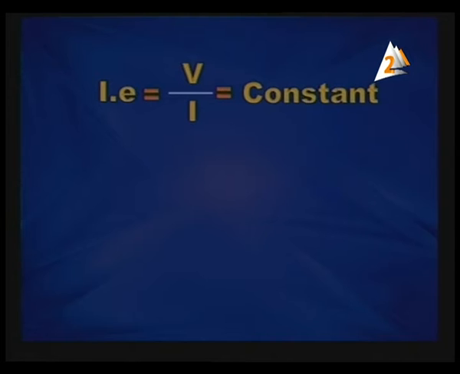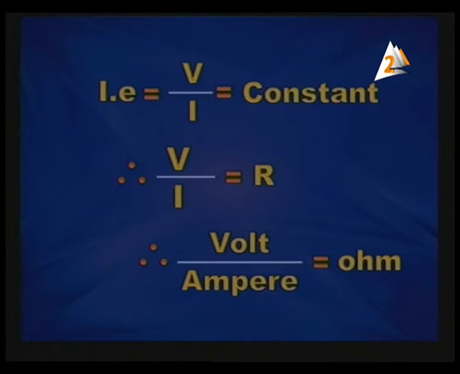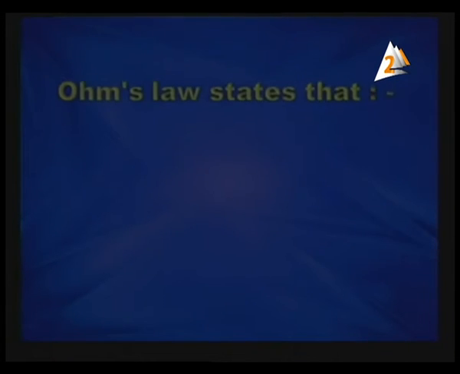So we can say V over I is equal to a constant, and this constant is the resistance. So we can say volt over ampere is equal to ohm.